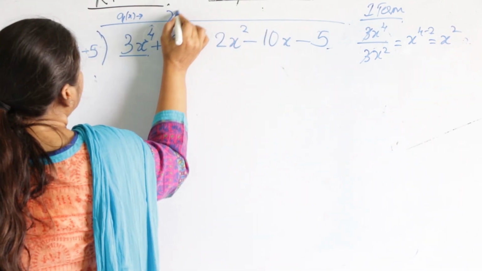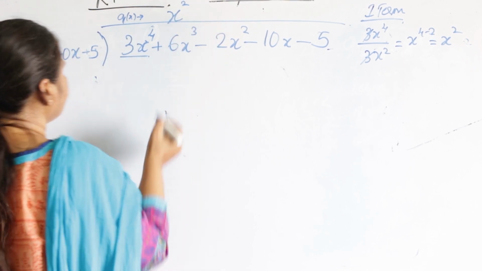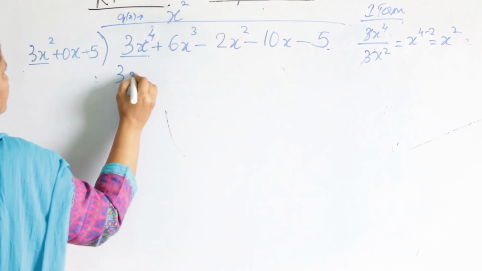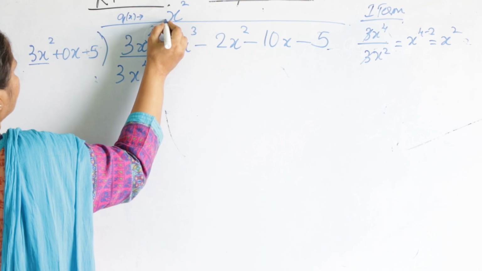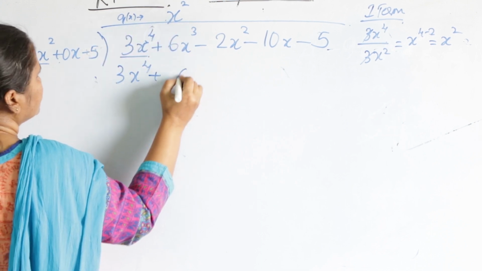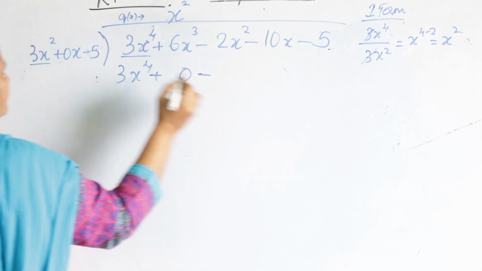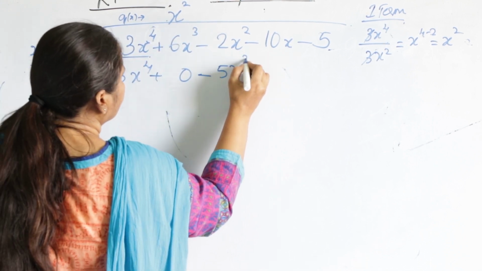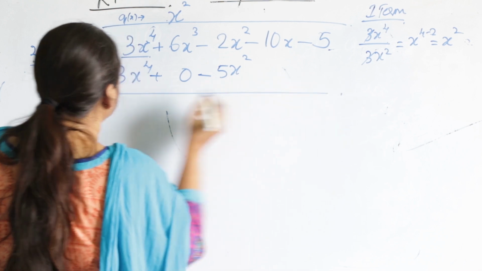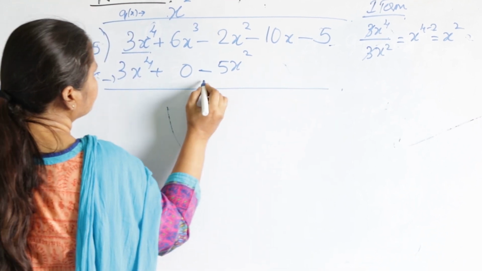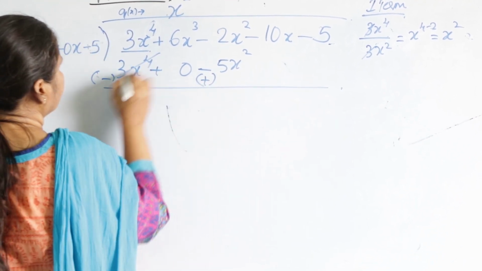So this is the first term. Multiply: 3x raised to 4, plus into plus; this will become 0; plus into minus is minus, 5 times x square is 5x square. This is minus, so this will become plus.